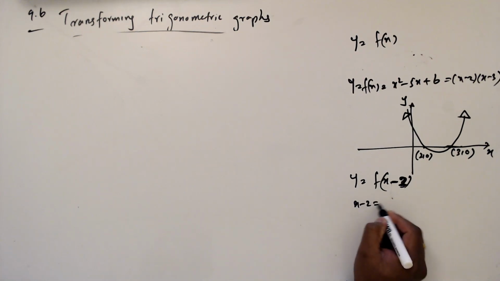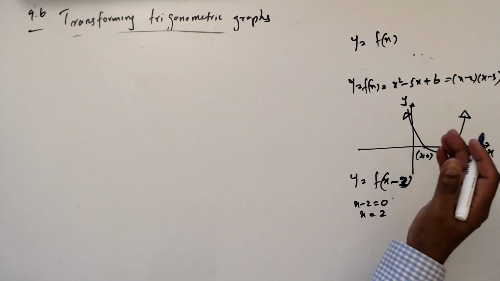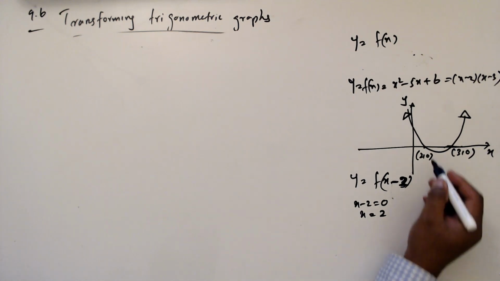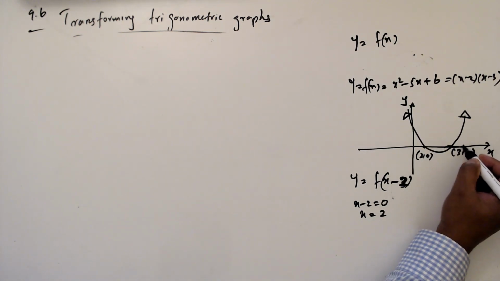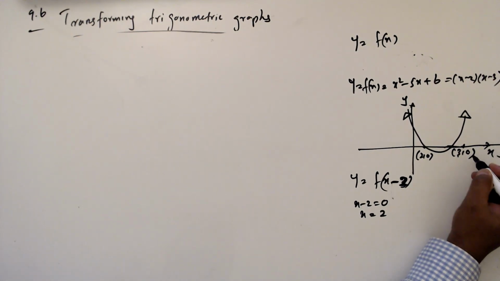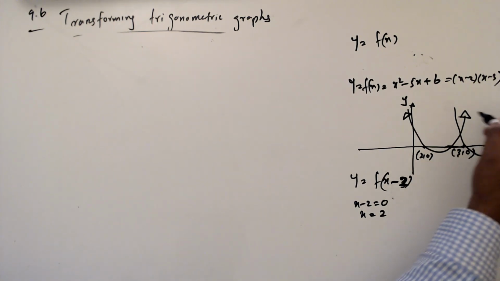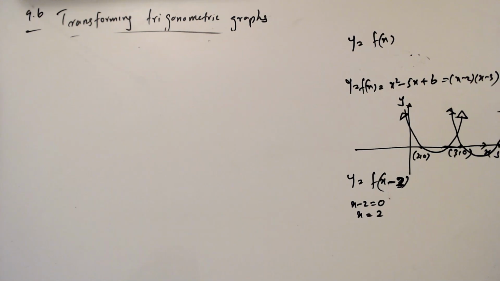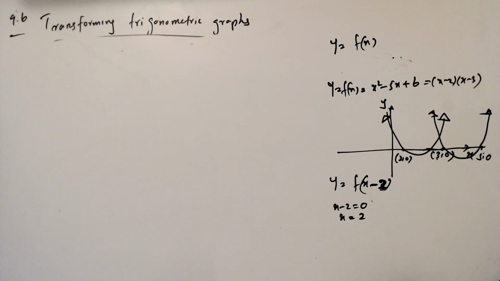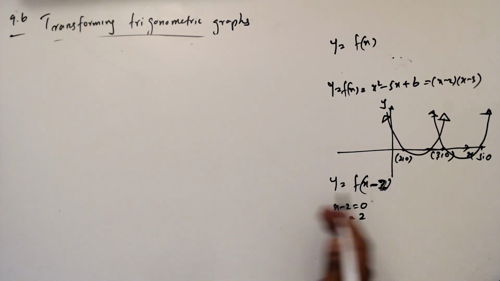So x minus 2 equals 0, x equals 2, it means this graph is shifting 2 units to the right. It means (2, 0) becomes (4, 0), (3, 0) becomes (5, 0). So this is the new location of this graph. So we shift x minus 2, then shift to the right.